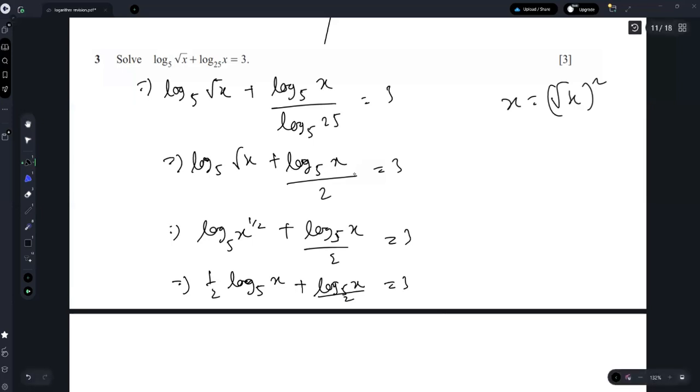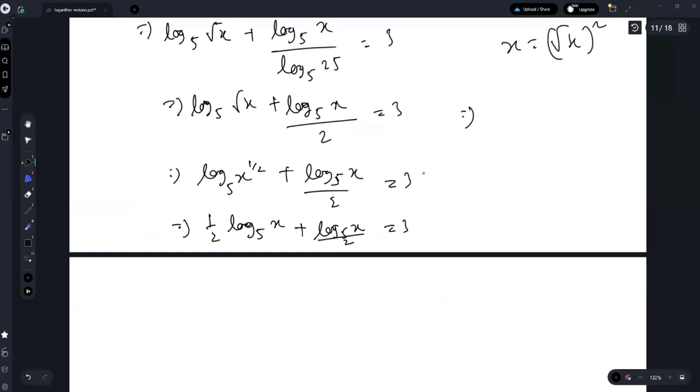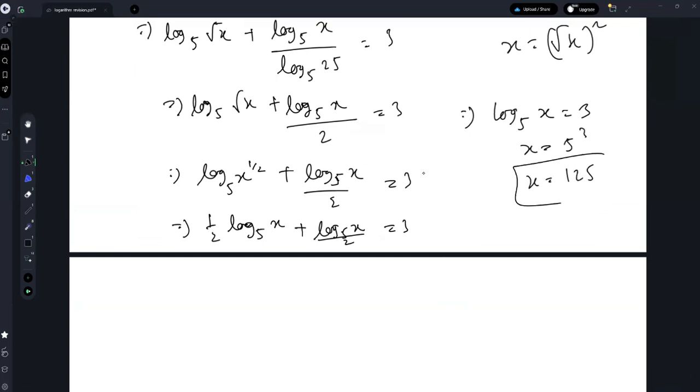These two are the same, right? So we can easily say log base 5 of x equals 3. If this is the case, I can directly say x equals 5 cubed, x equals 125. So x equals 125 according to what I have found as my answer.